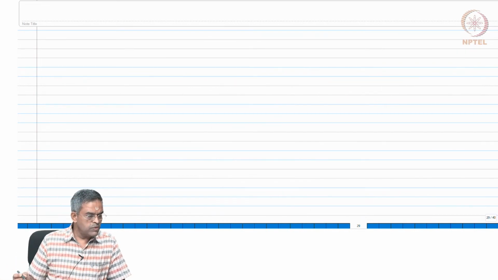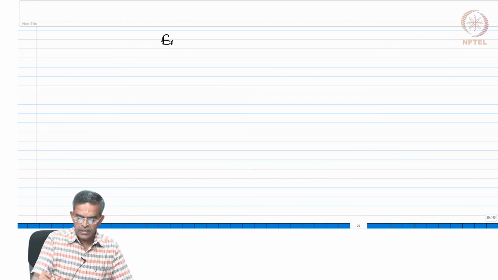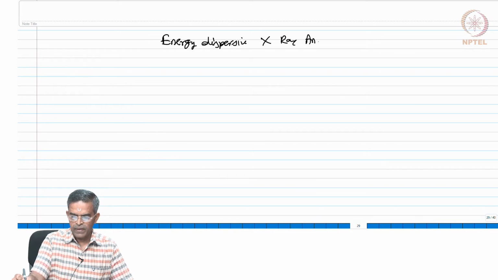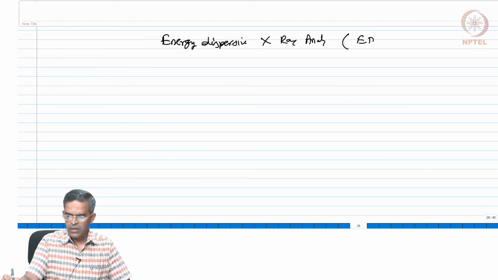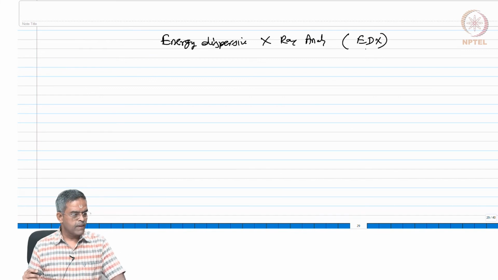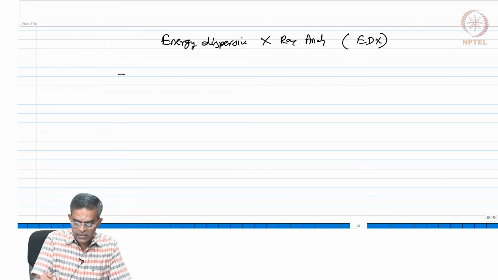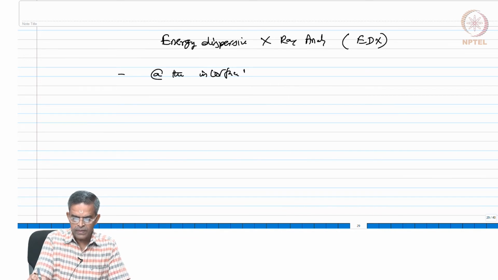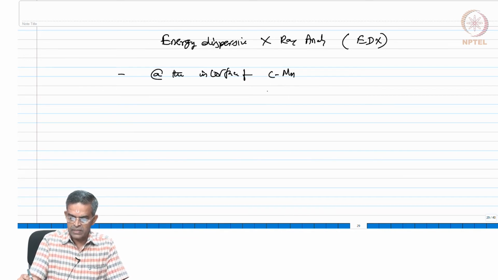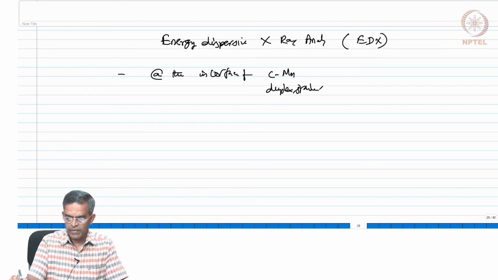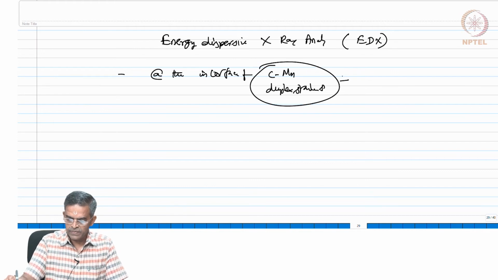Then furthermore, we also did energy dispersive X-ray analysis, what we call as EDX. So, this analysis is done at the interface of carbon manganese steel and duplex stainless steel, at the interface.